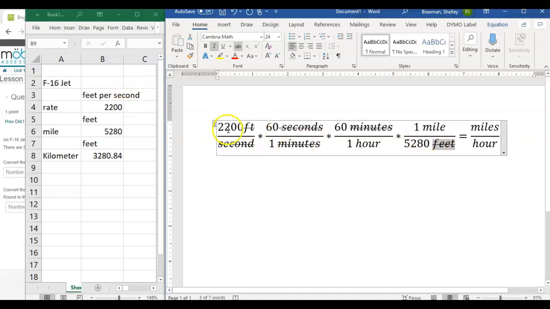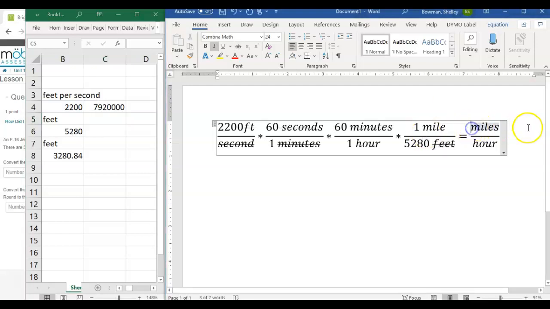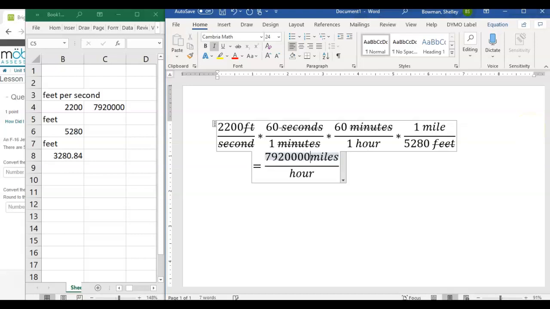So I have 2,200 times 60 times 60 times 1 mile. So the unit is in miles. So I need 2,200, and I have it over here, so I'm just going to multiply it all out here, equals 2,200 times 60 times 60, and that'll give me my numerator of 792,000.